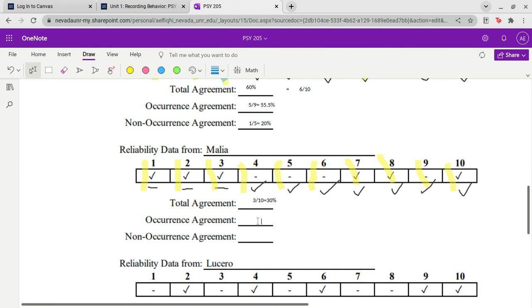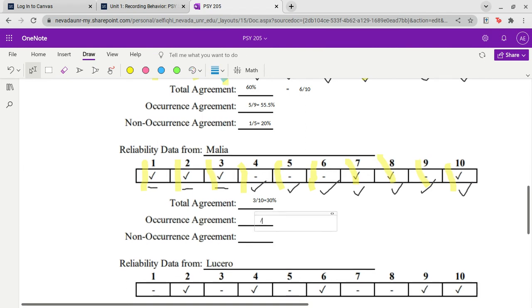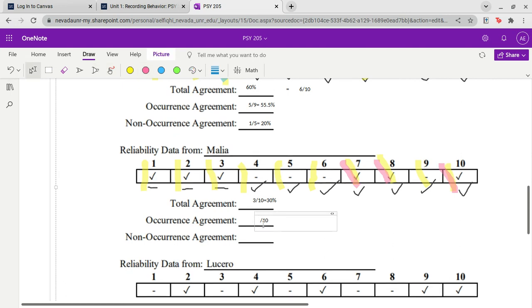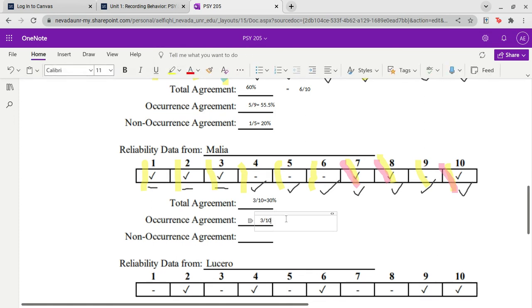So again, we're going to do it out of 10. So we're going to go through and find ones in which we agreed on occurrence. So that is only going to be intervals 7, 8, and 10. So again, we have 3 out of 10. Which is 30%.